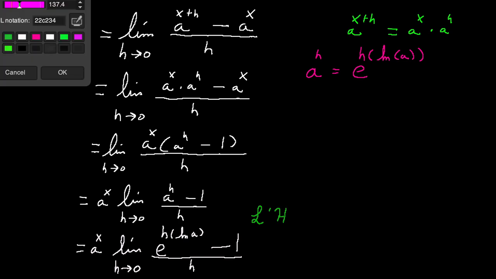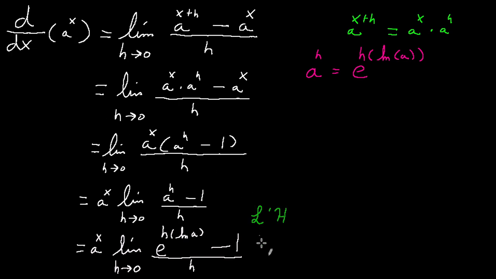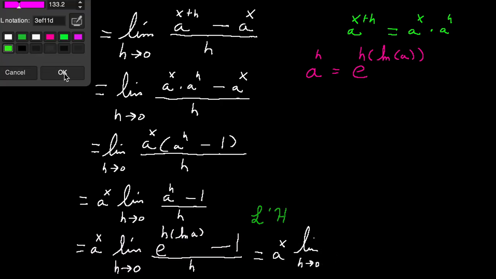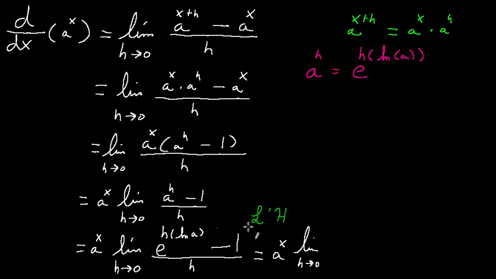So I'm going to write what we have here. And we still have a to the x, which again, that's what we're trying to take the derivative of. Okay. So the limit as h approaches 0. Now here comes the crazy stuff. I am going to take the derivative, since this h is what I'm concerned with.